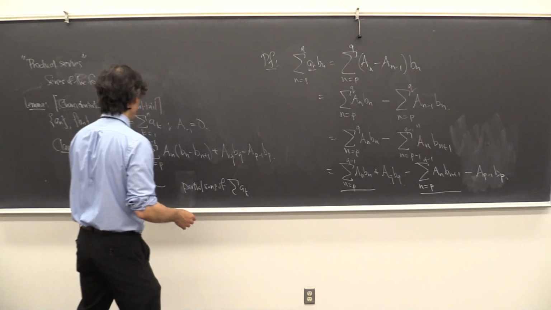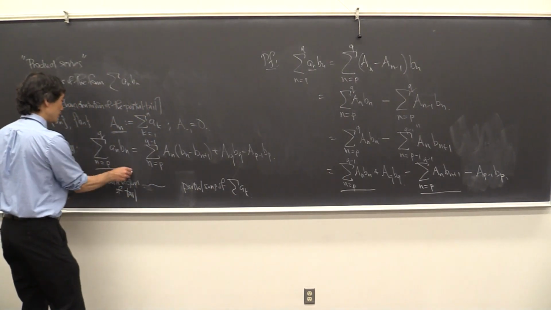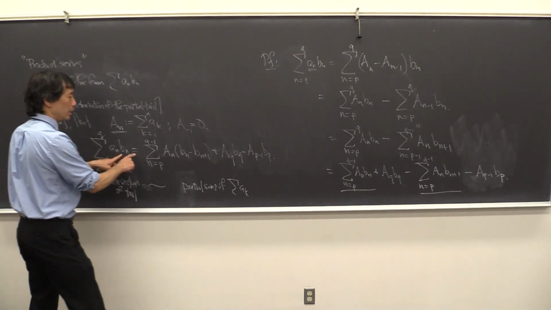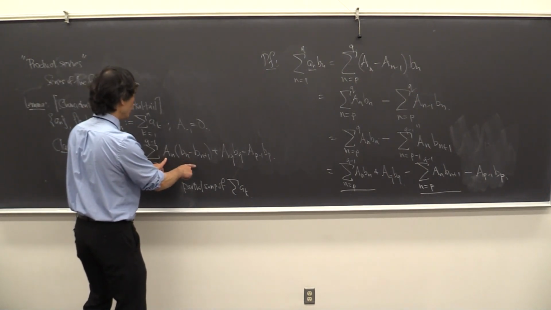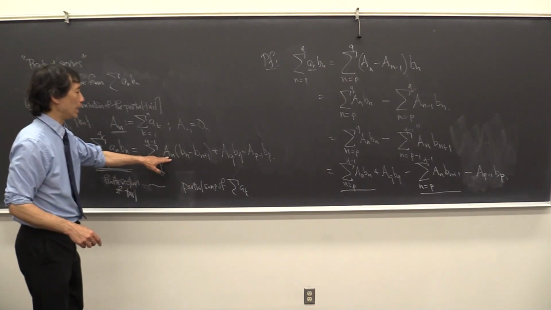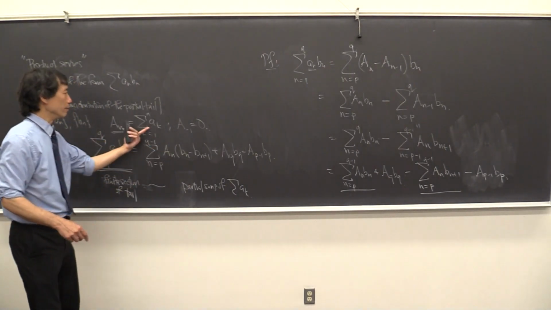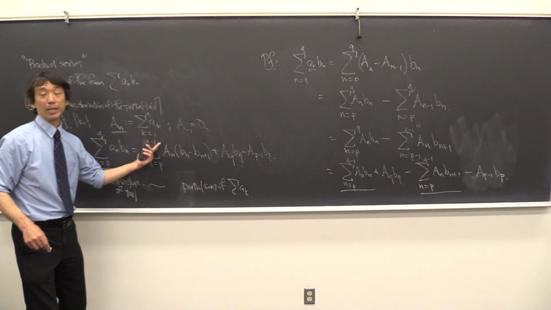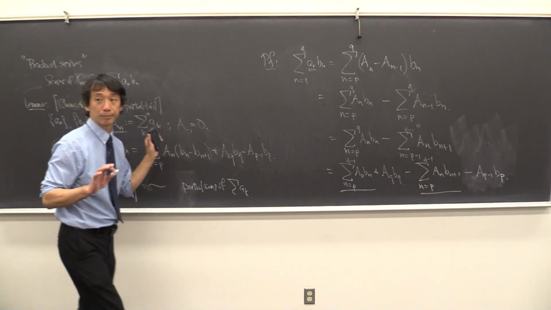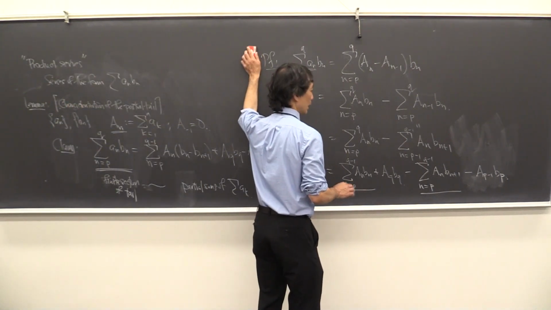But it's handy because it expresses this thing, which is in terms of little a and b, in terms of big A and little b. So if we know stuff about the convergence of the A's, then we can invoke that. This allows us to use the convergence of the A's. Okay, I'm going to erase this.